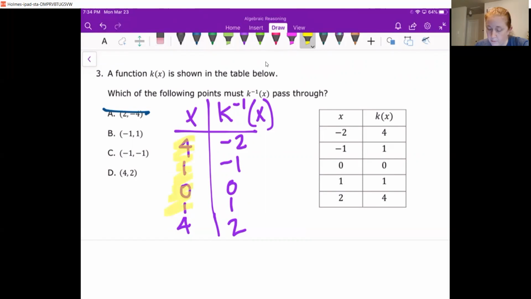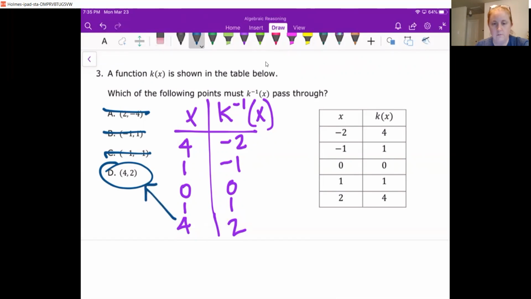All right, same problem. None of these x's have a -1 in it, so letter B is out. Letter C is also out for the same reason. There's no -1 in the x's. So now let's see our last one, 4, 2. There it is down there at the bottom. So there's our answer choice.